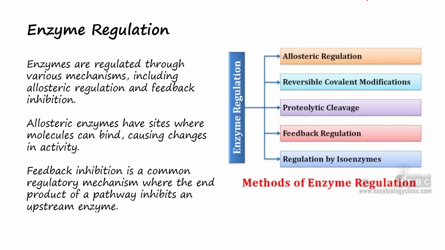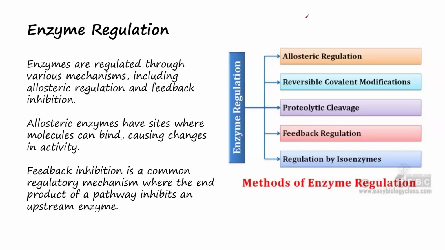Like for example, when we say allosteric, generally, what happens in the case of allosteric regulation is that most enzymes have another site apart from the active site, and that site is called the allosteric site.